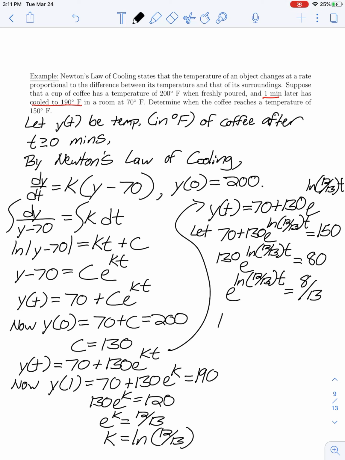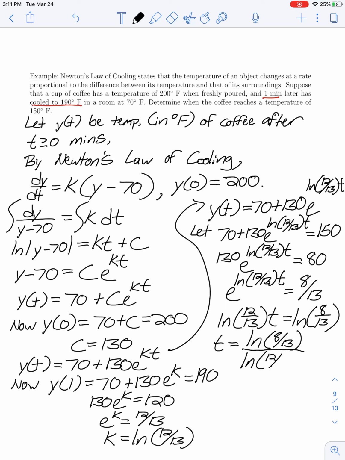So now, if I take the natural logarithm of both sides, we will be left with the natural logarithm of 12/13 times t is equal to the natural log of 8/13. So finally, solving for t, we could divide both sides by the natural log of 12/13, and we have log of 8/13 over log of 12/13, where time was being measured in minutes.